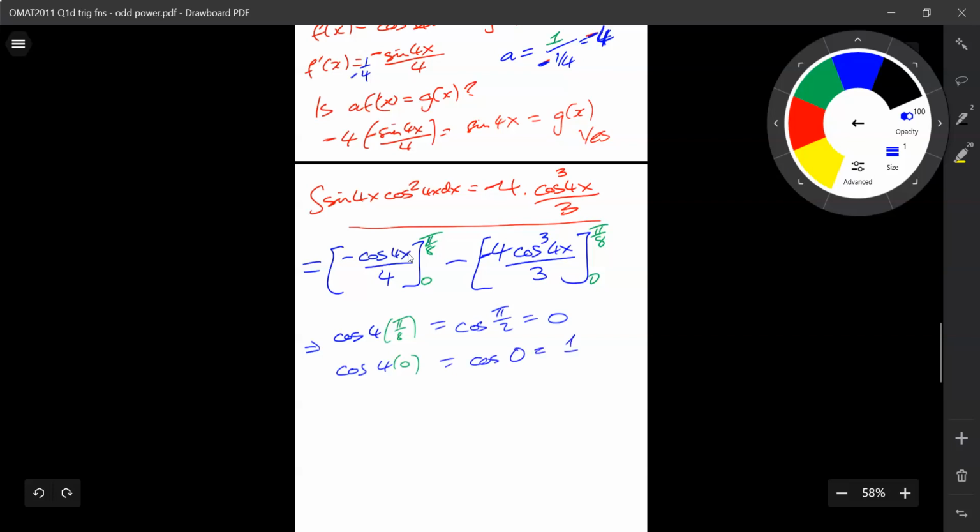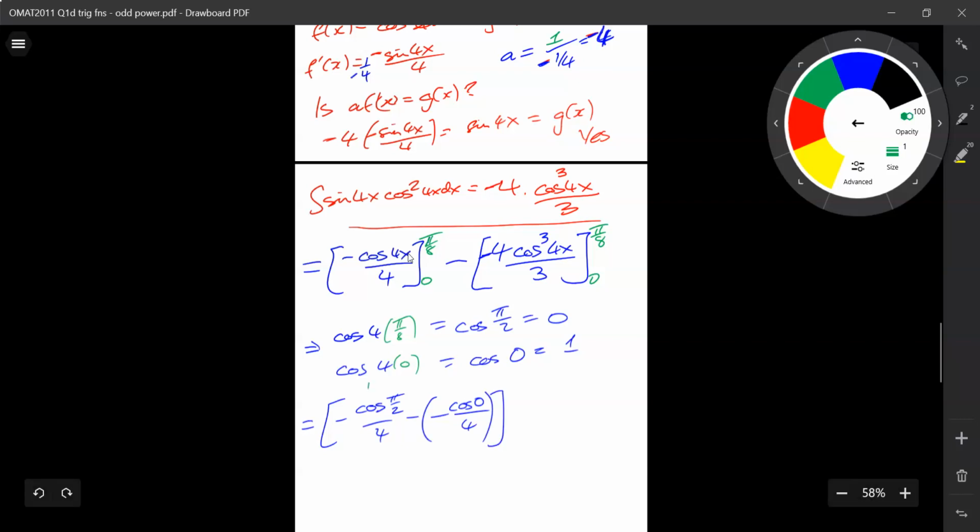Similar to the last example, we then plug our values in here. So this is minus the cosine, the upper limit we said was pi over 2, over 4, minus the lower limit, which is cosine 0 over 4. So I put in the upper and lower limits there.